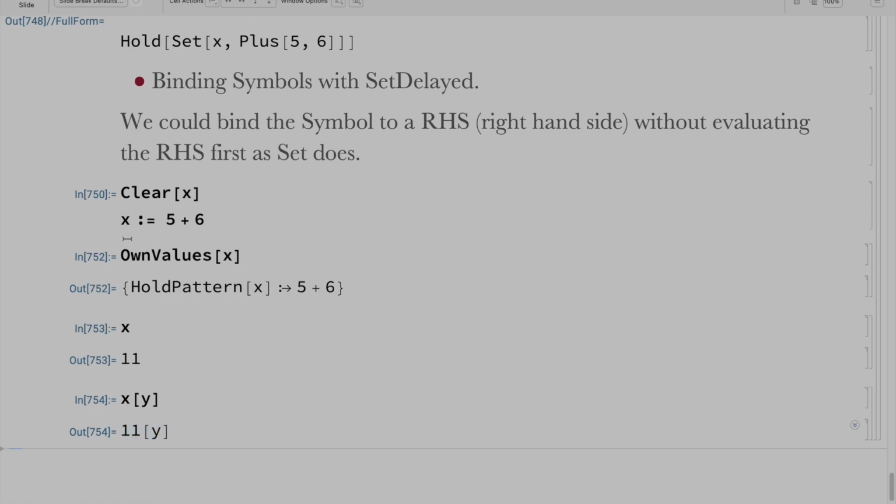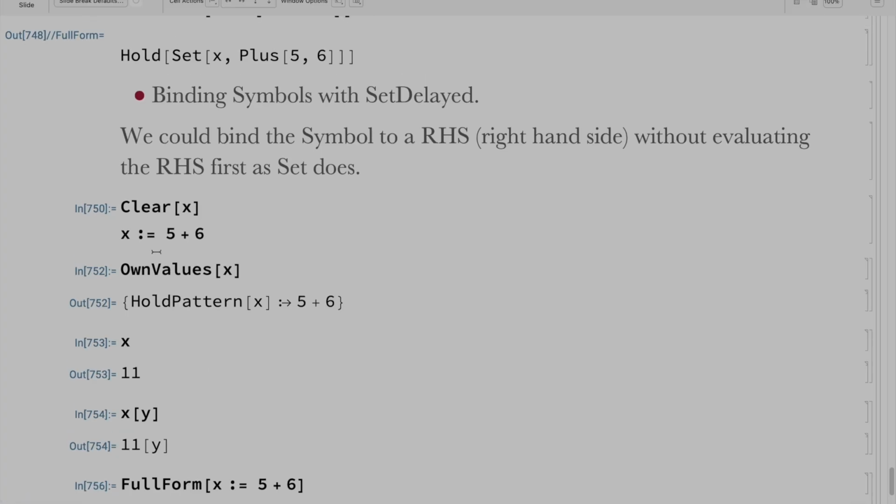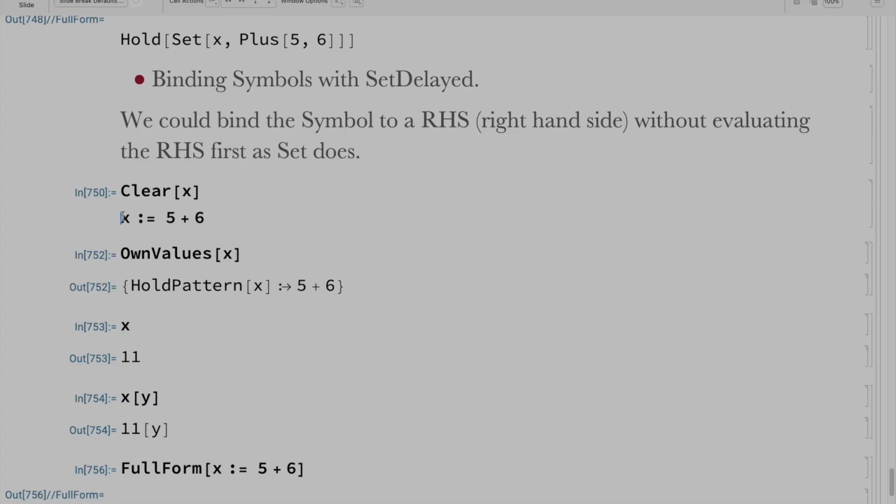Let me desugar this. So that's just to show you how it looks. FullForm. It gave me Null. Why did it give me Null? Well, see, the thing is, everything is an M-expression. So this thing evaluates. Not everything evaluates into something that's a number or a result.